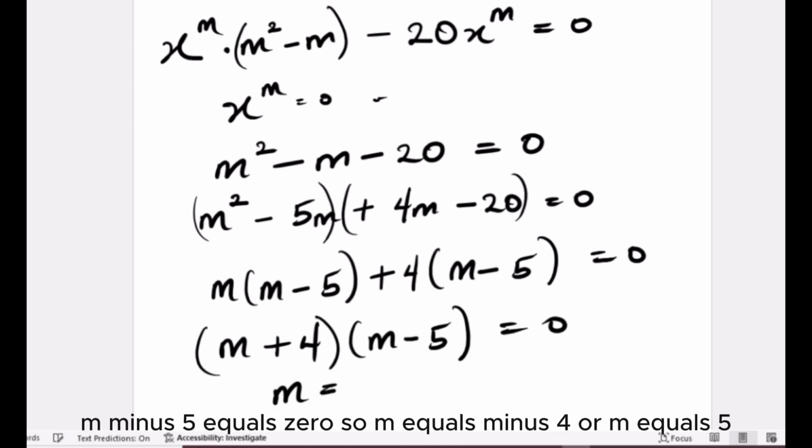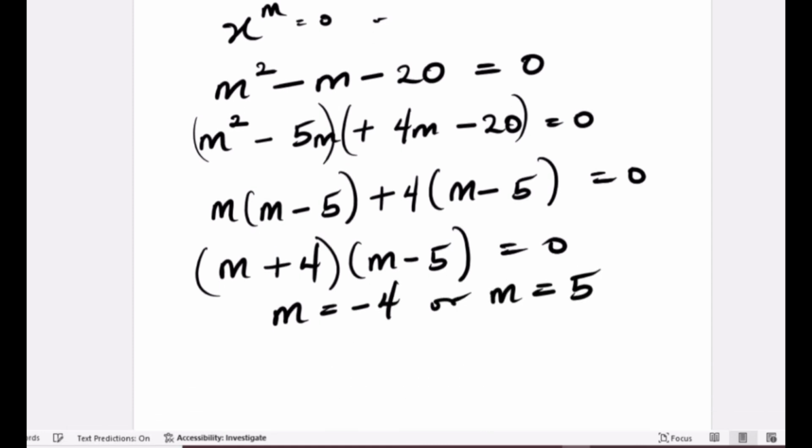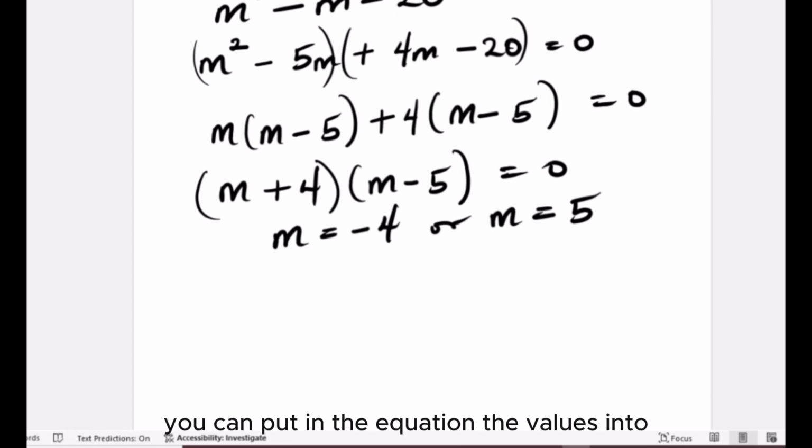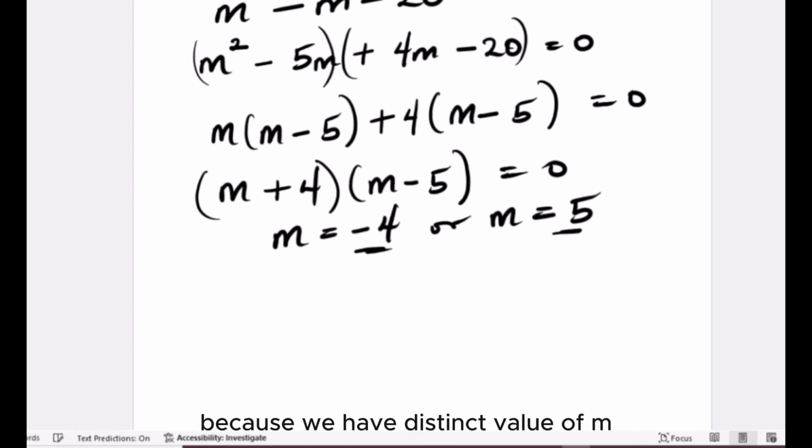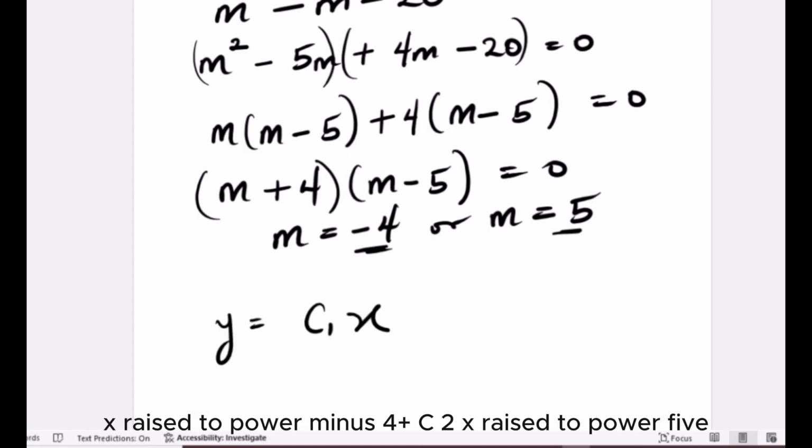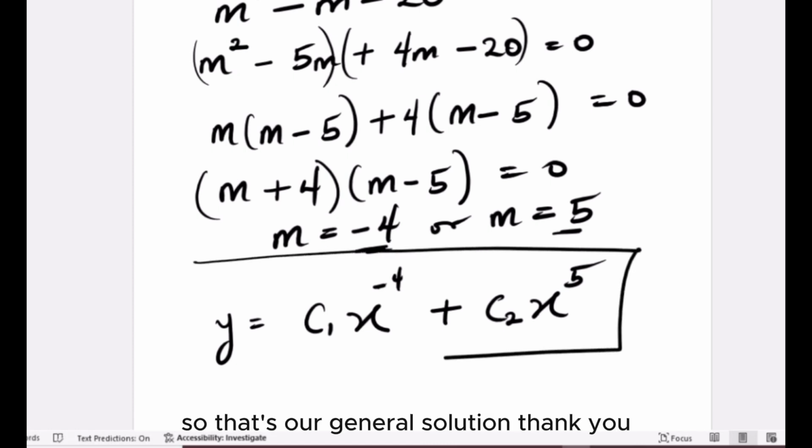So m equals minus 4, or m equals 5. Then from here, because we have distinct values of m, you can use y equals c1 x raised to power minus 4 plus c2 x raised to power 5. So that's our general solution. Thank you.